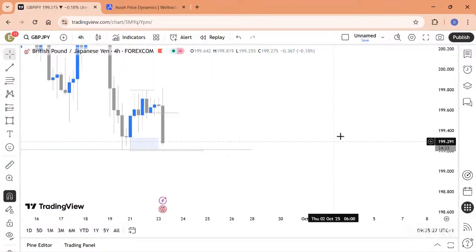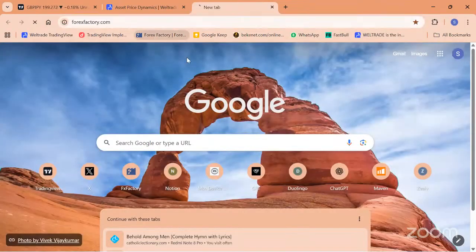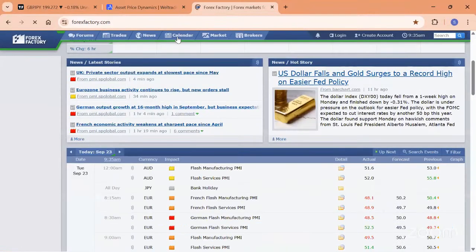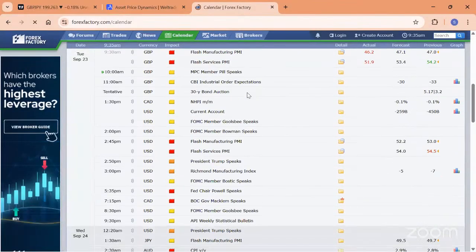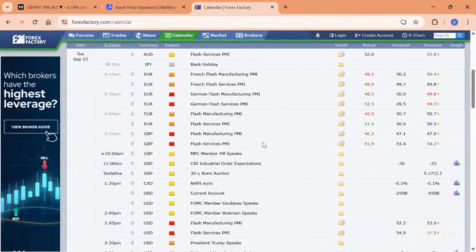I think the news has come up. Let me check. The news for today has come up. GBP, today is Tuesday. Okay, 9:30, right? That is what is driving that price. And you see, the flash manufacturing PMI news has come into the market.